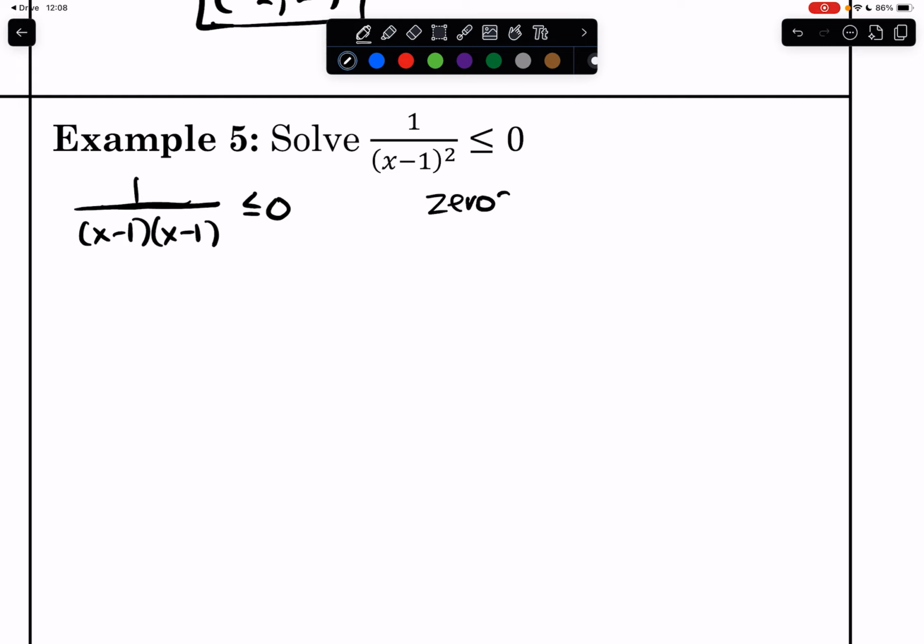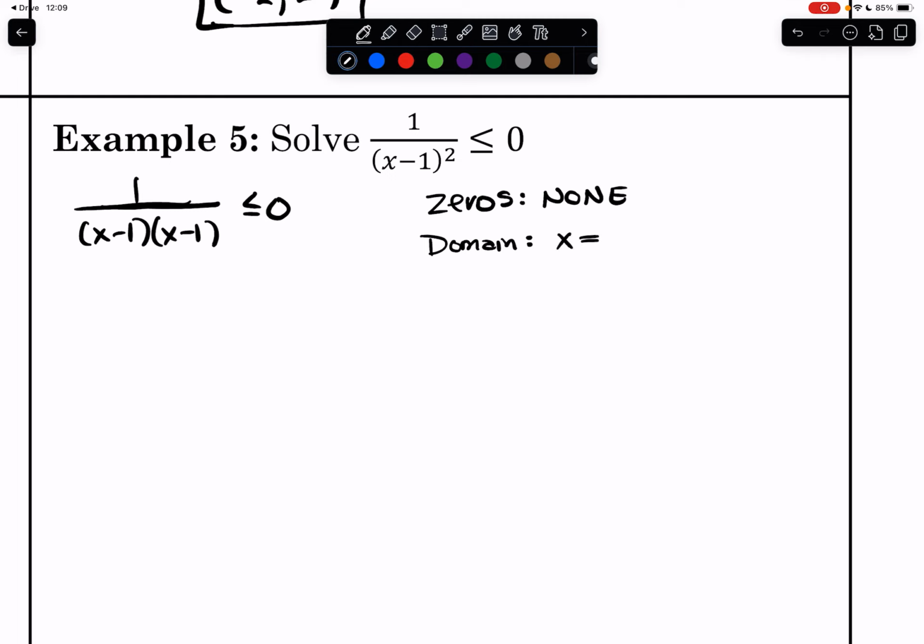So the first thing we need to do is find the zeros. Since it's the number 1 on top, it doesn't have any x's on top here. There are none. There's no way to get this thing to equal 0 and touch the x-axis. Now to find our domain, our restrictions are where the graph is not going to have a value.